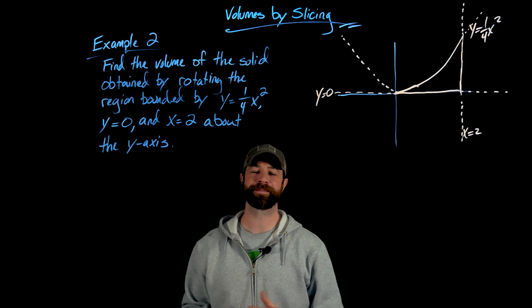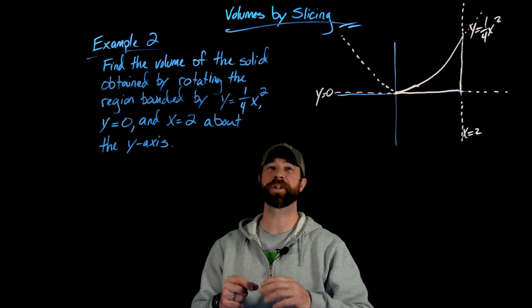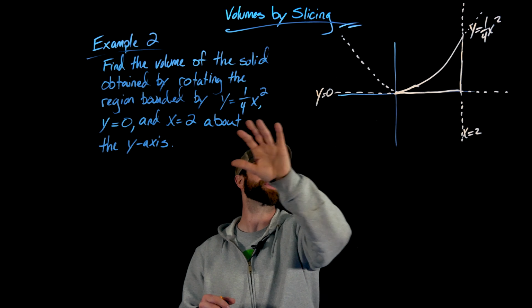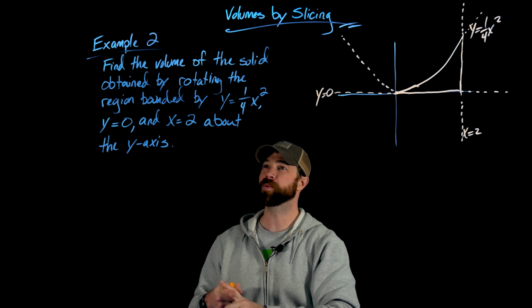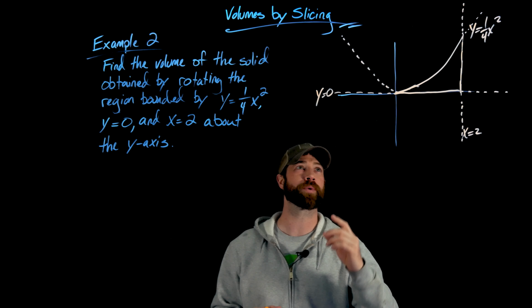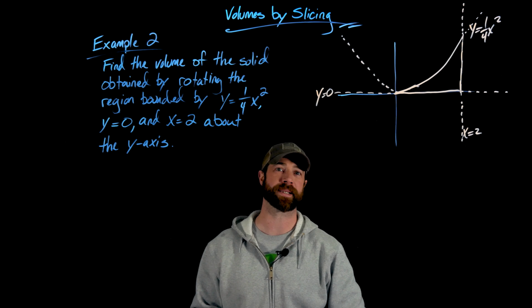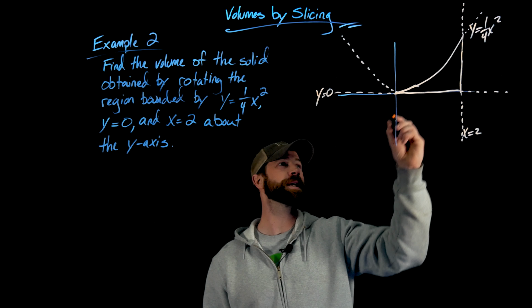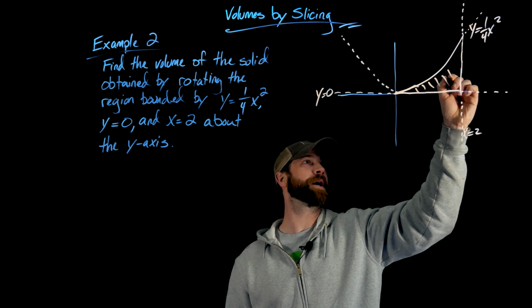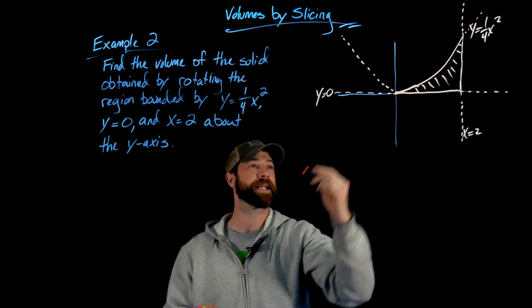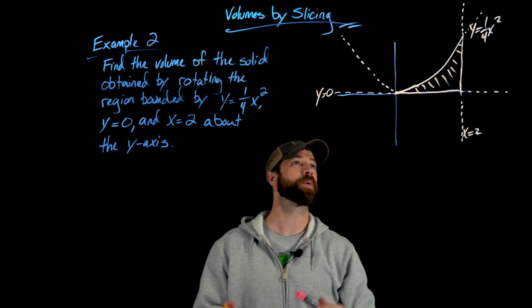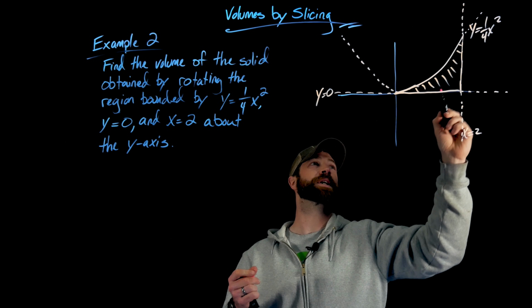All right, in this example, what we're doing is taking the region bounded by y equals 1/4 x squared, y equals 0, and x equals 2, and we're rotating it about the y-axis. So here is the region described that we're rotating, and we're rotating this around. And so what we'll have is this shape that looks something like this.